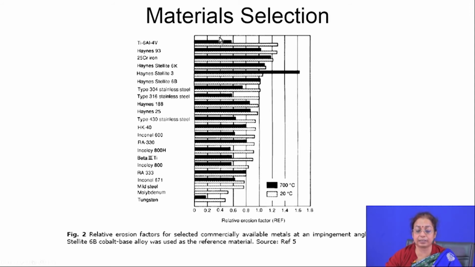As you go on increasing the temperature, the relative erosion factor, which is nothing but the ratio of the erosion rate of your material to that of the standard material, which is hardest in nature.